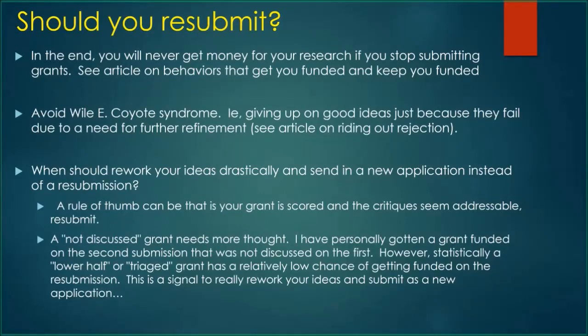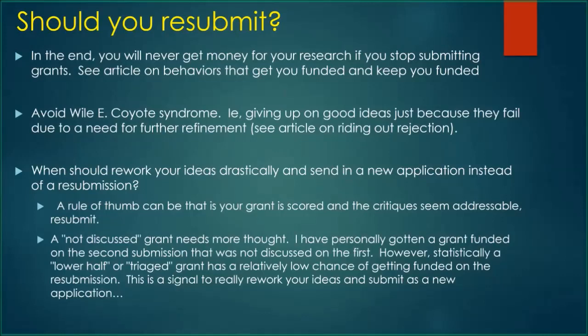Under the current rules, you can take a grant that was triaged in the first submission, take the reviews, change the grant title, rework the grant to deal with those reviews, and submit it as a new application, which means the prior negative reviews will not follow the application.